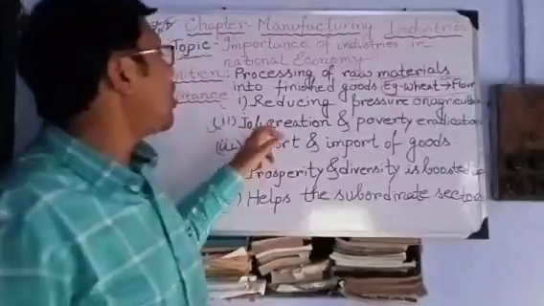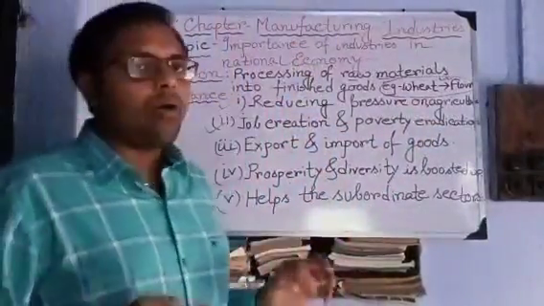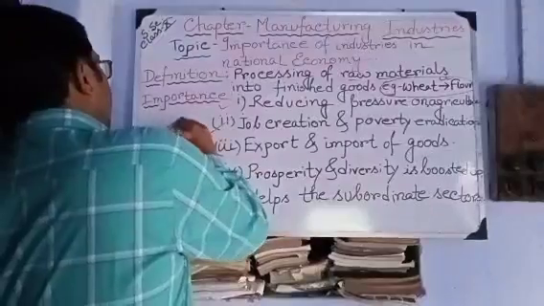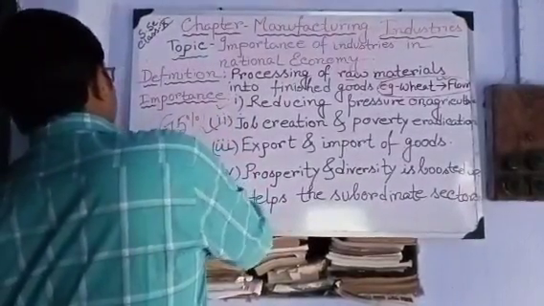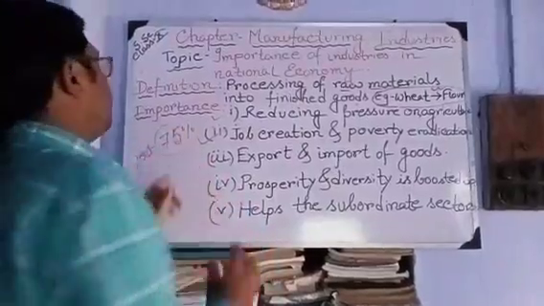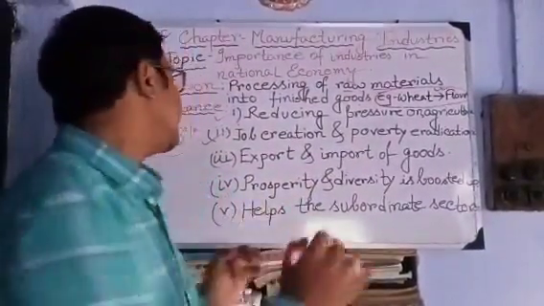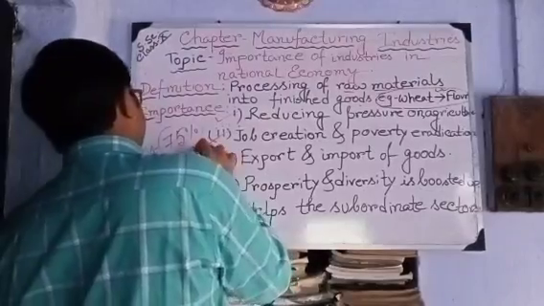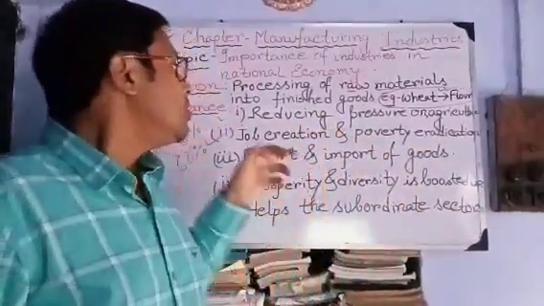Next, the second one: job creation and poverty eradication. Near about 75% of India's total population was dependent on agriculture in 2001. Now it has come down to 60%, and India has developed a little bit. Why?